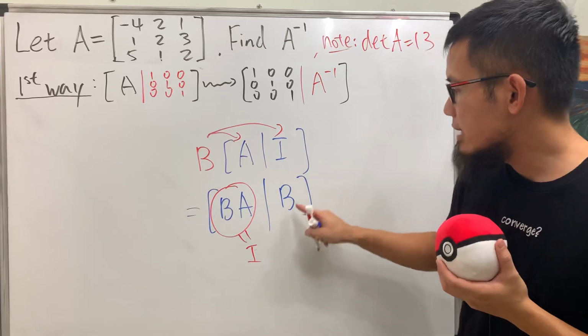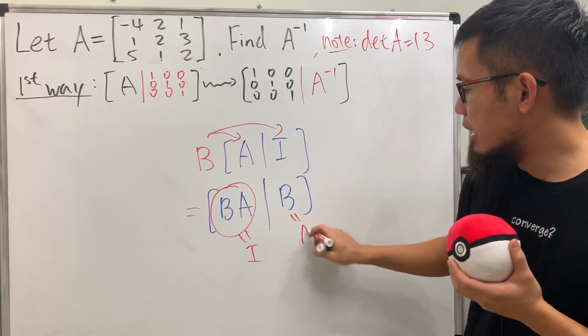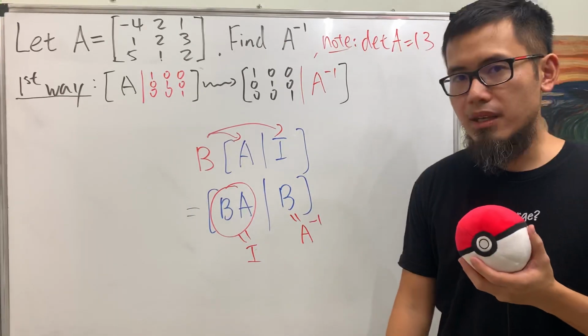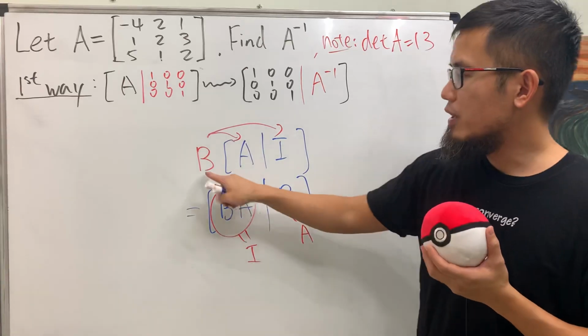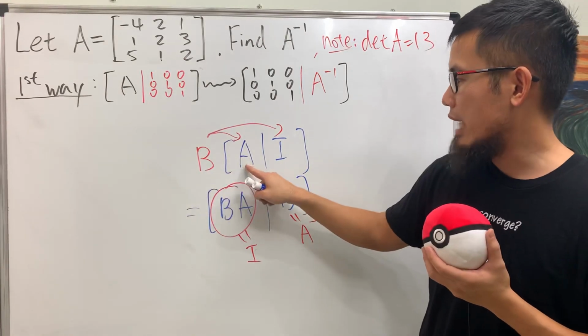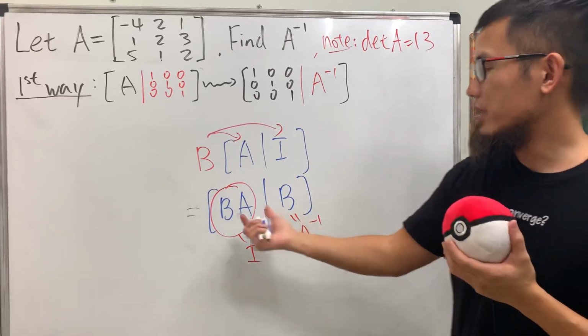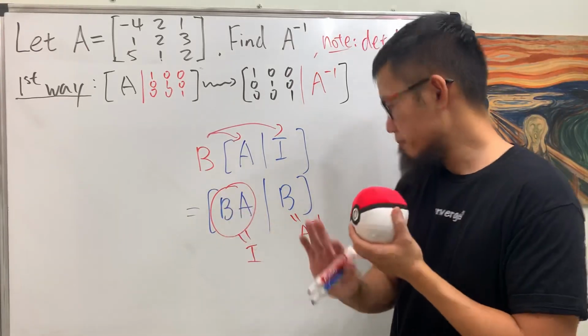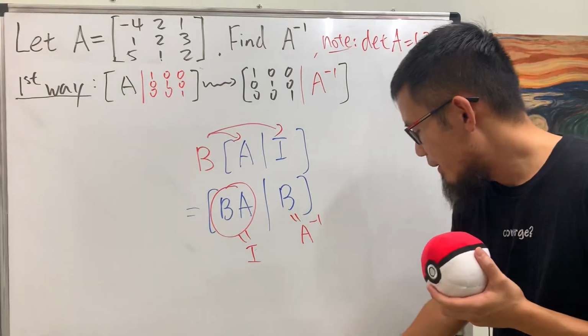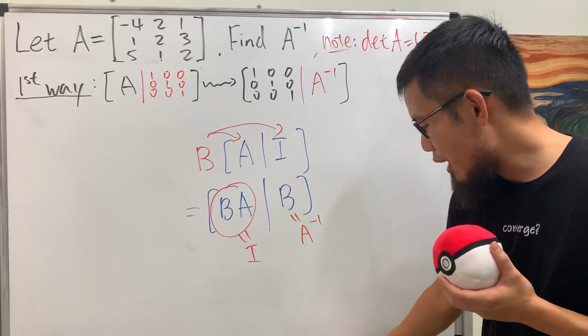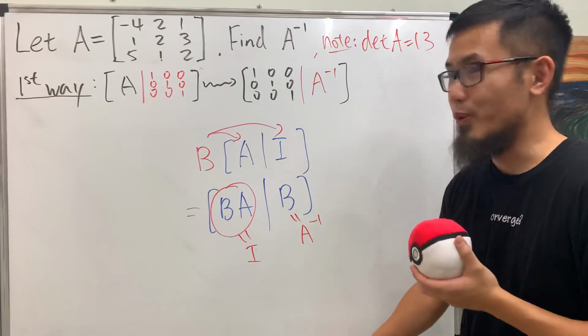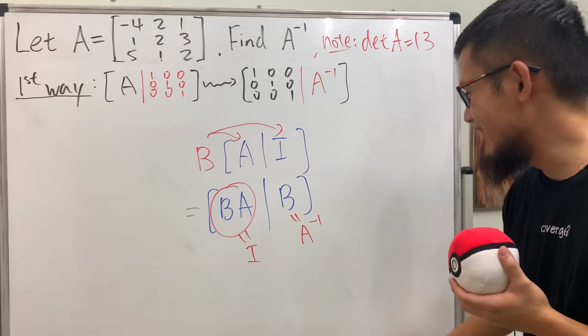So that implies B has to be the inverse of A. There's a theorem for that. If you can find matrix B, multiply with A, get the identity, B is the inverse. Even though this right here is just the left multiplication, doesn't matter. Alright, so I think it's really cool. And now, let's see if it's actually really cool when you actually have to work it out.